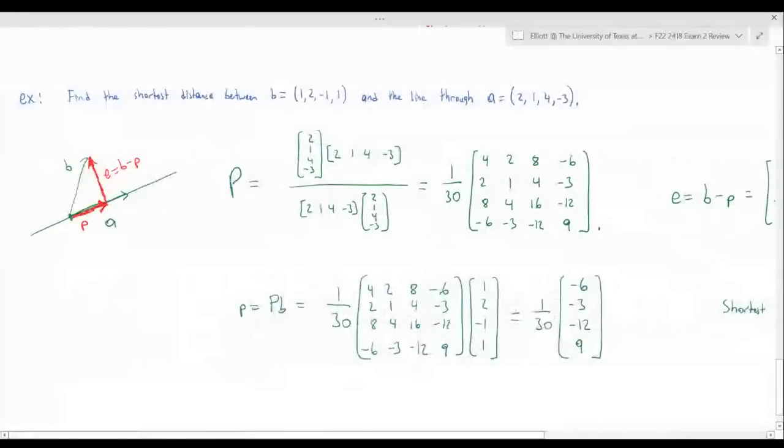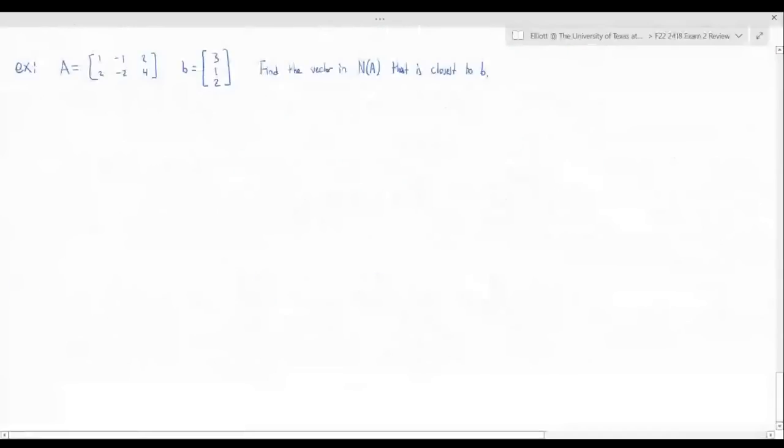And I guess I did want to do just one more projection problem, but this will be my last example for the review then, all right? So this time we want to find the vector in the null space of the given matrix that is closest to B, okay?